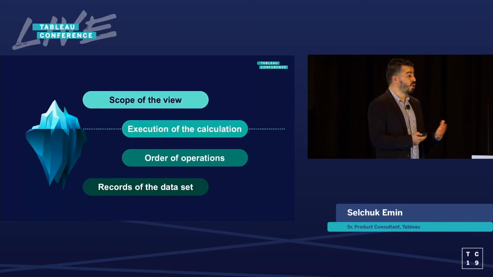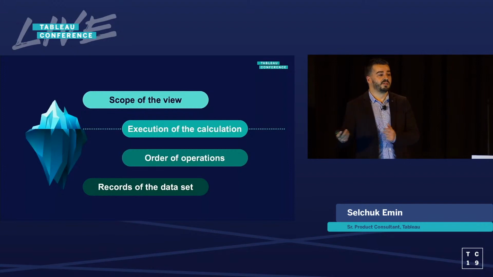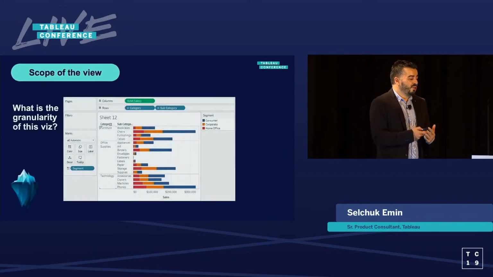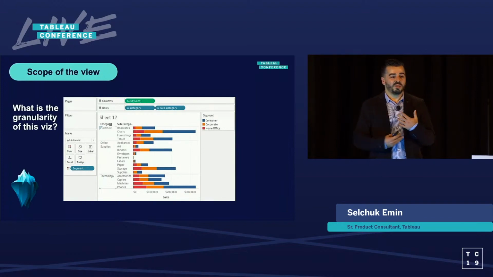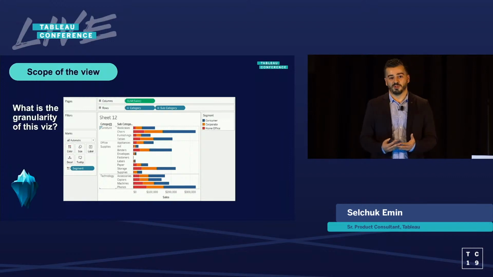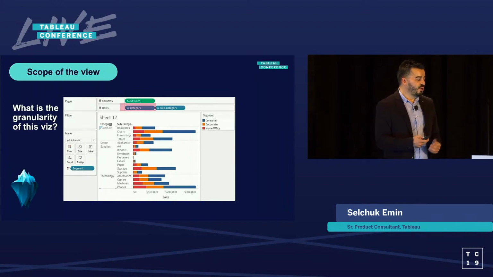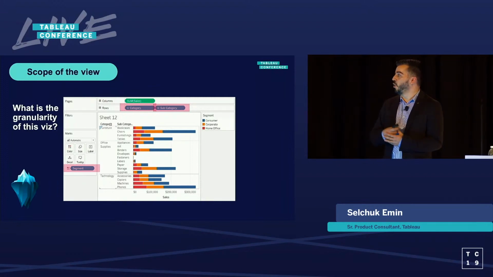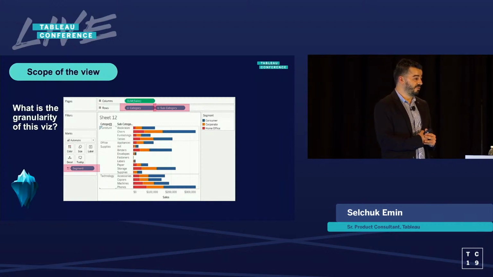And finally, scope of the view, or some people call it the level of detail of the visualization. So the scope of the view is, we would say, how the results are broken down by the dimensions that we have used. In the example that you see on the screen, we have category, subcategory, as well as segment, dragged and dropped in different shelves on the interface.